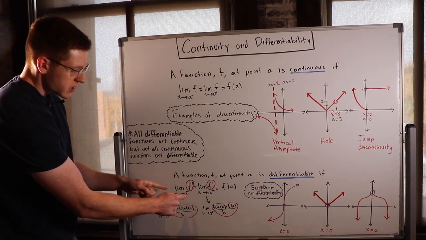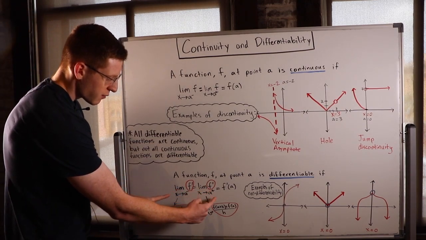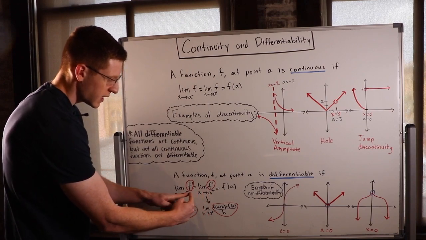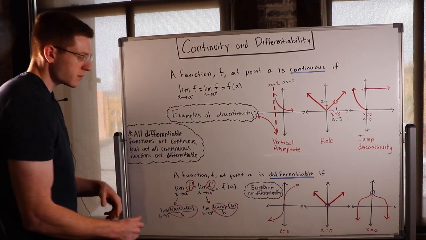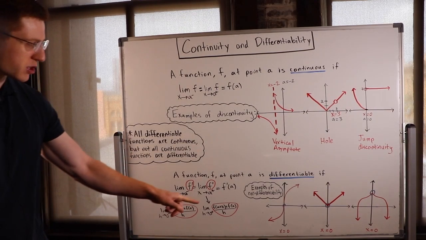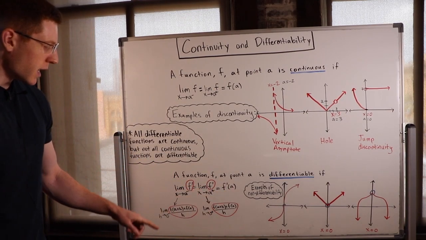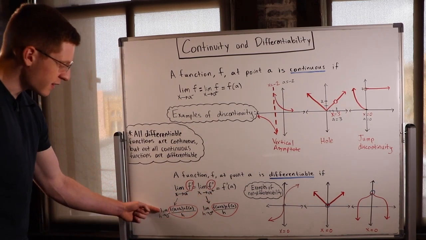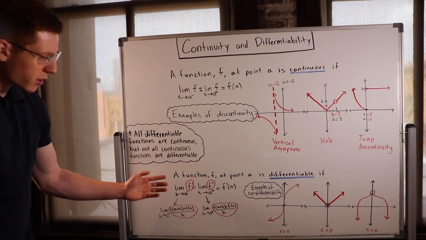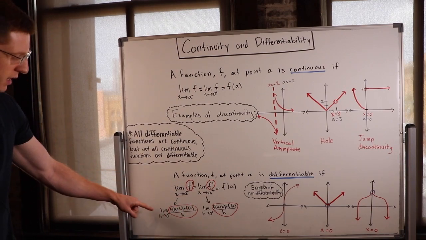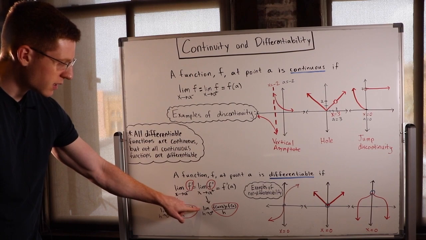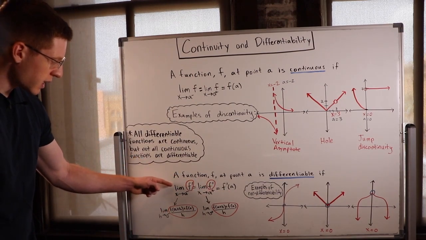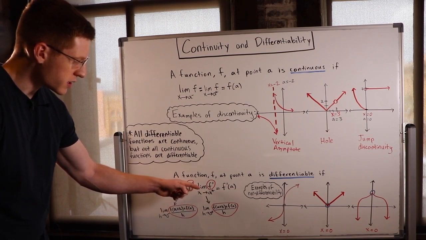This says the limit of the derivative function at our point of interest a has to be equal from the left and right side, and that also has to be equal to the value of the derivative function at point a. Another way to rewrite these two terms is like this, using the actual definition of the derivative. Another way you could rewrite this entire rule is you could say this has to equal this, has to equal this. So make sure you know that these two are the same and these two are the same.